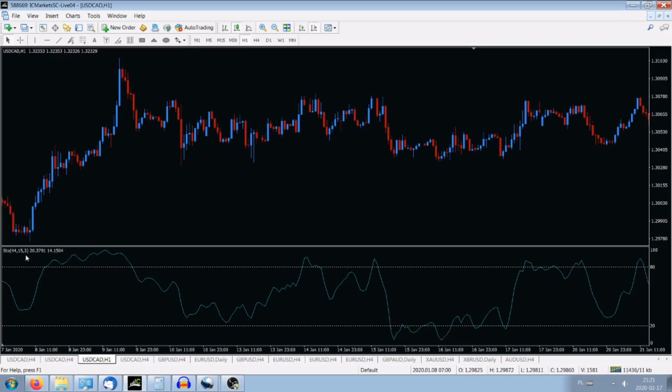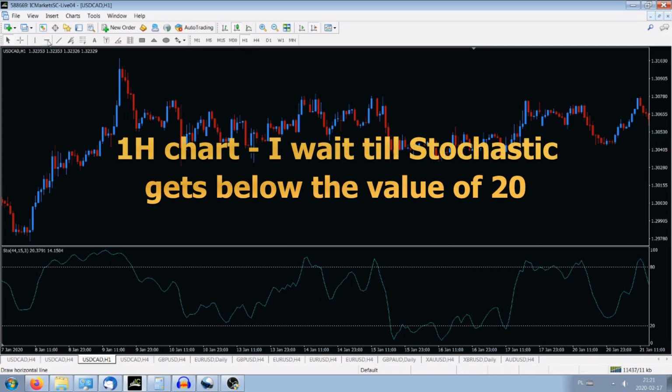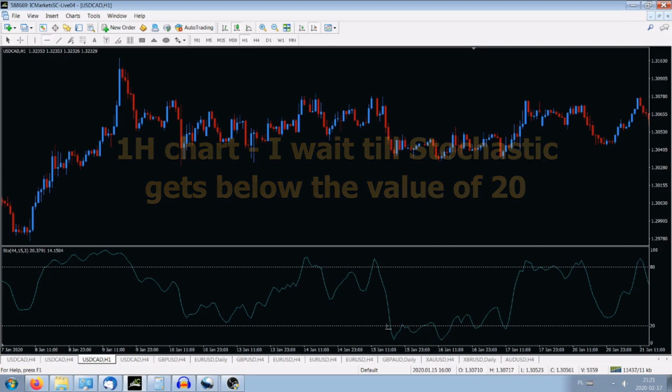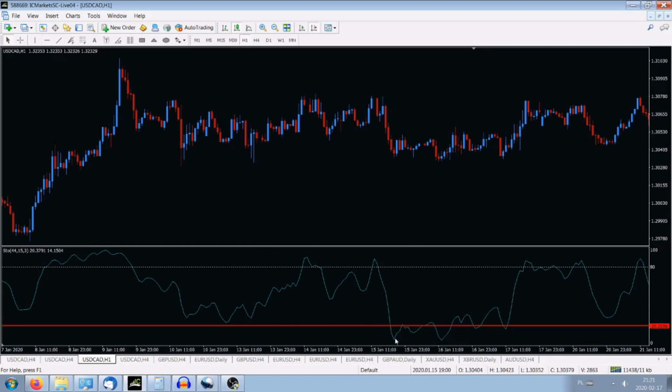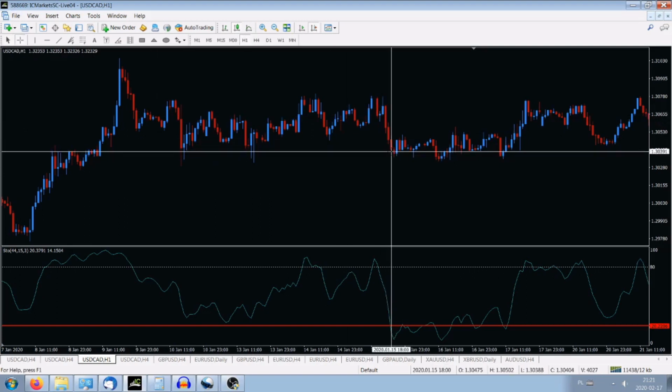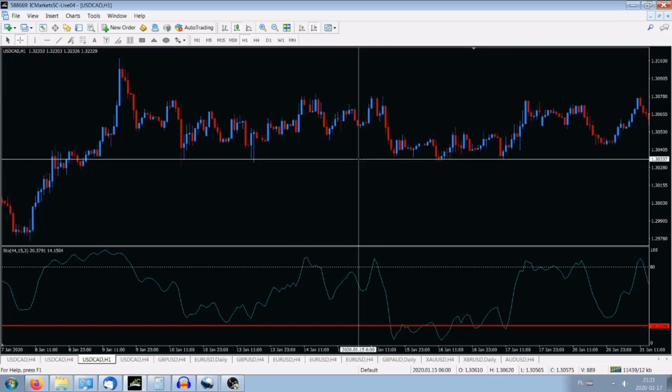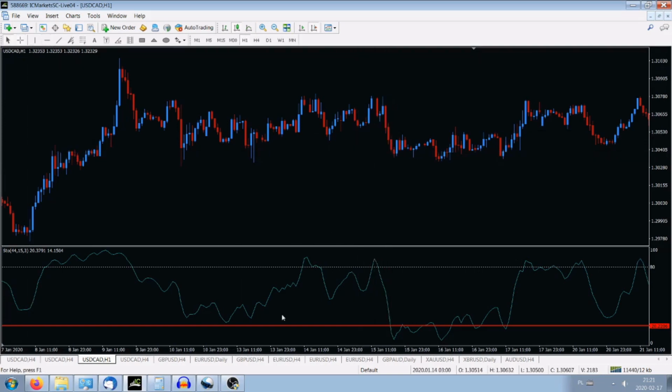That's the settings for this stochastic. I wait till the market gets right here under this line. And here I'm getting into the market. Right here, as soon as it falls, I just get in somewhere here, because that's the cross. That's the value. Let me just mark it for you over here.